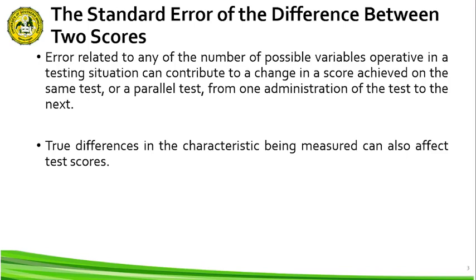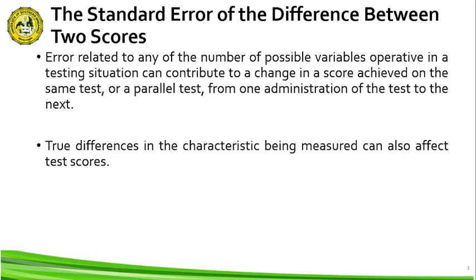So, error related to any of a number of possible variables operative in a testing situation can contribute to a change in a score achieved on the same test or a parallel test from one administration of the test to the next. So, true differences in the characteristics being measured can also affect test scores.